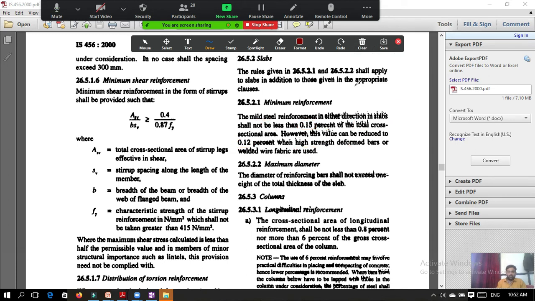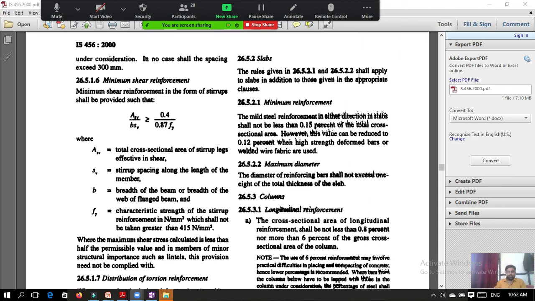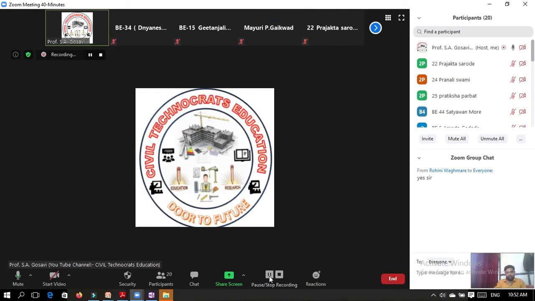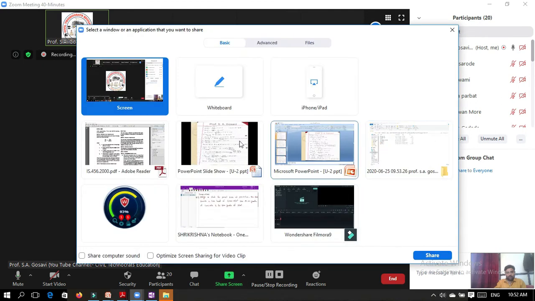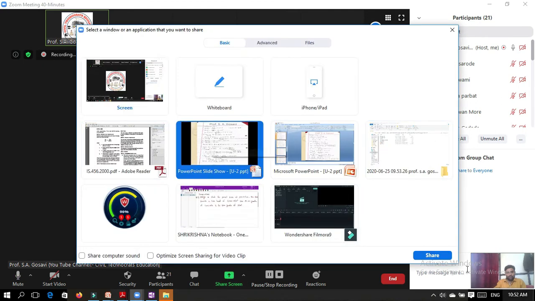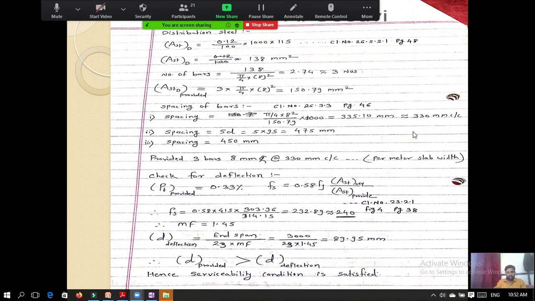Now I will clear this and we will move to the slide once again. Here Ast for distribution is equal to 0.12%.